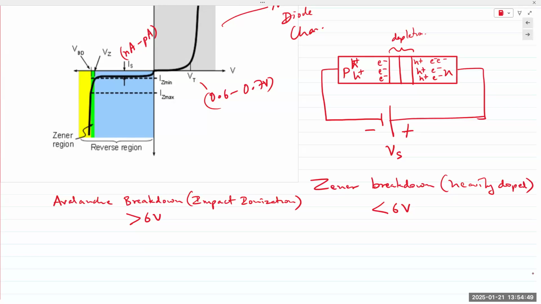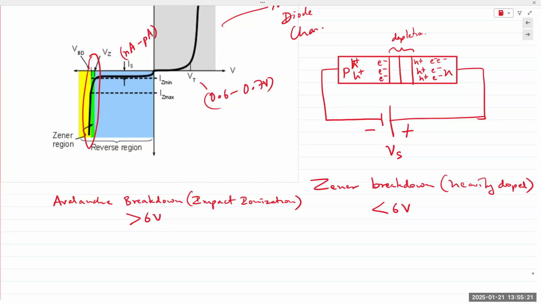The voltage across the junction remains constant, which is noted by this almost vertical line right here, but the current increases heavily. A small increase in voltage results in a large flow of current. So heavy current flow results, and voltage is almost constant. That property allows us to use the Zener diode as a regulator. And I'll explain that in the next circuit.